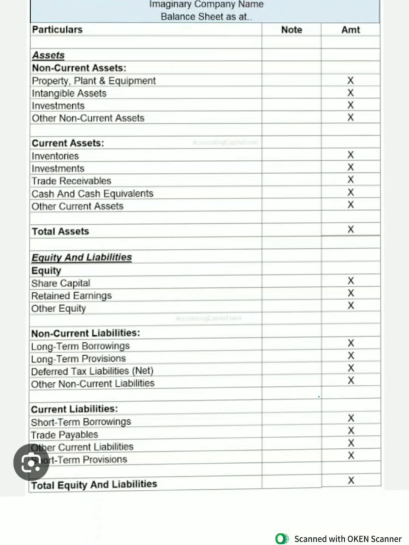Current assets include inventory, investments, and trade receivables. Under trade receivables, sundry debtors and bills receivable come. Then cash and cash equivalents, and other current assets. So after 2013, the company balance sheet must be prepared in vertical form only.